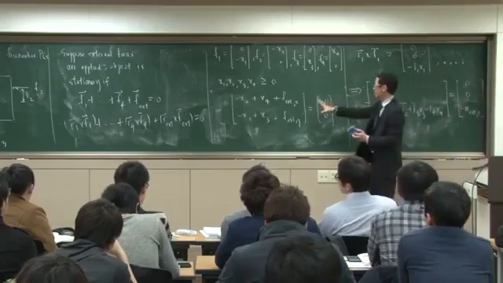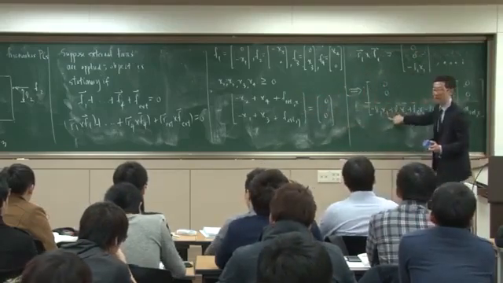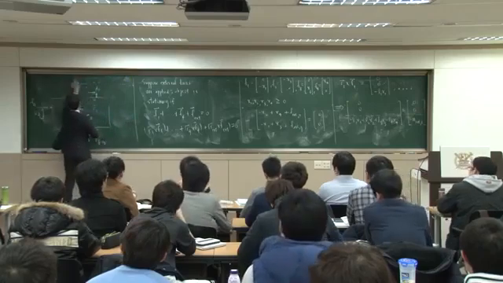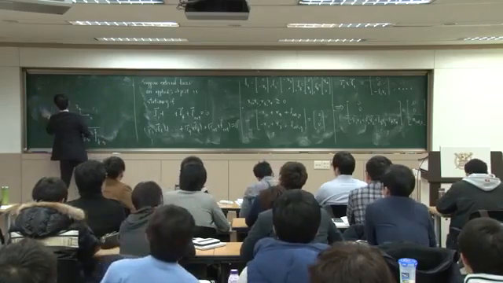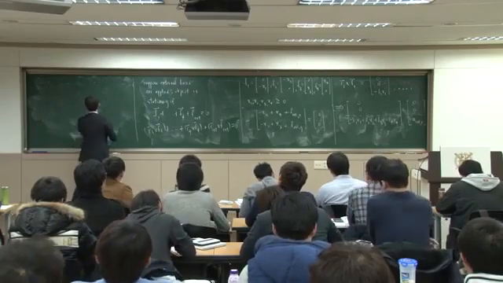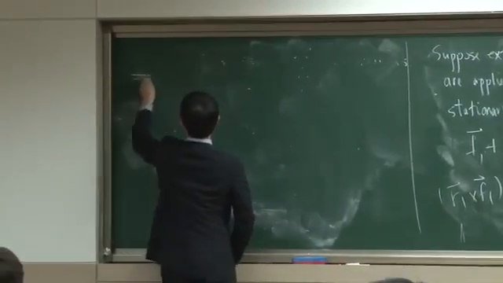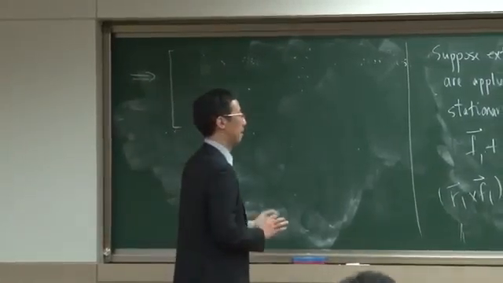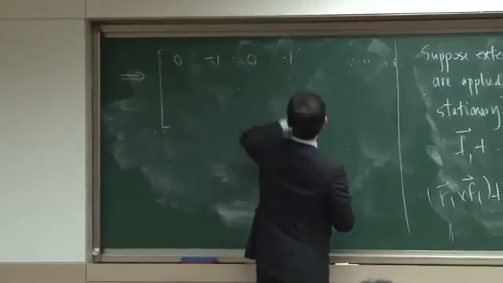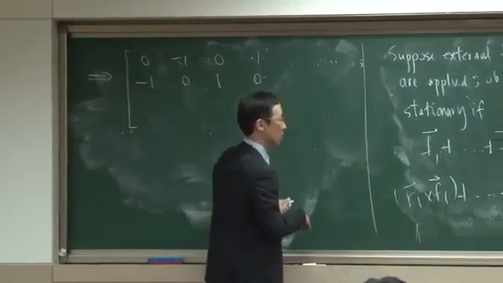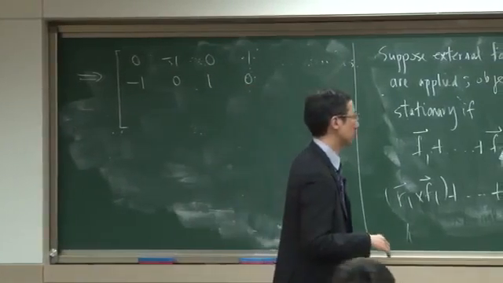Now if we rearrange these equations, 1, 2, 3, let's write them in a slightly more organized way. We can write the equations in the following way. So we have 0, minus 1, 0, 1, then minus 1, 0, 1, 0. And the third equation is minus, plus, plus, minus.